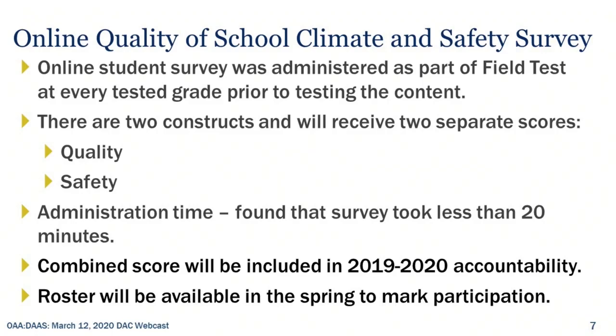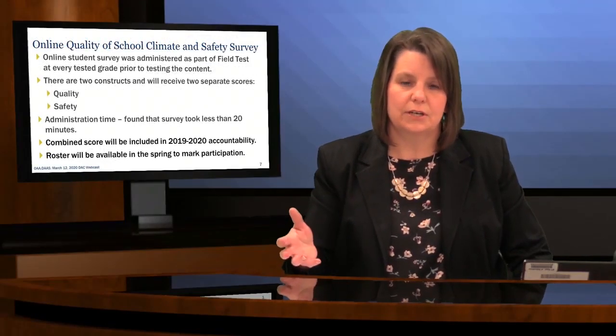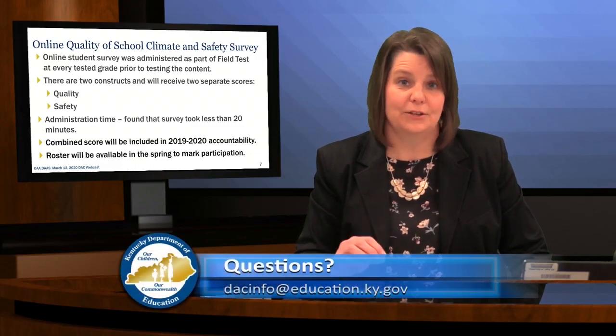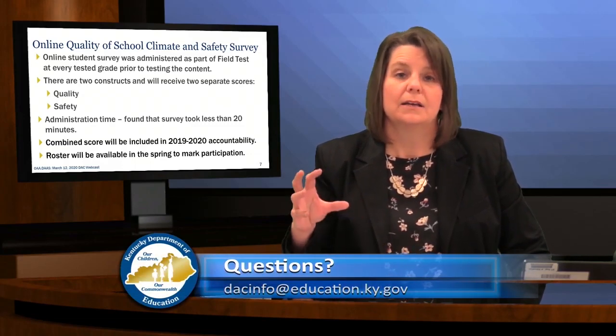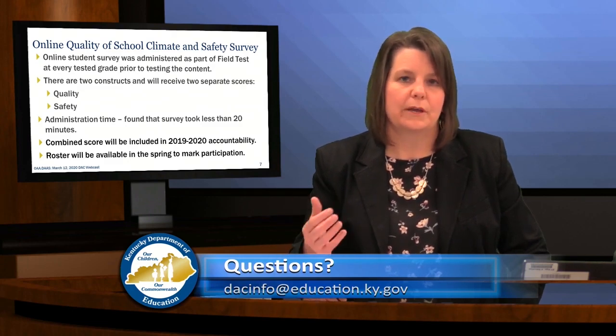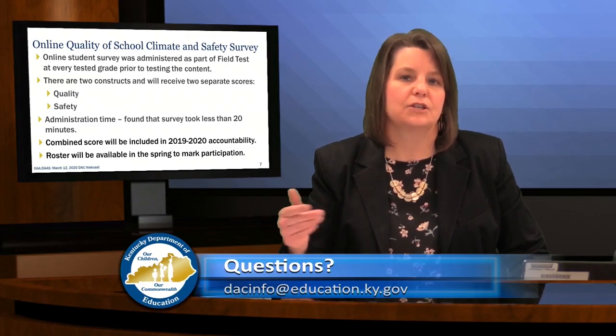Now, we do plan to give information on each of these constructs as well as information on each individual item. So the school and district will receive information not by students, but by student demographic groups. So student demographic groups will be reported by percentages within each of the questions.